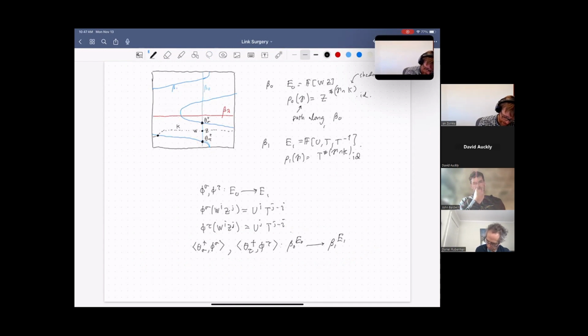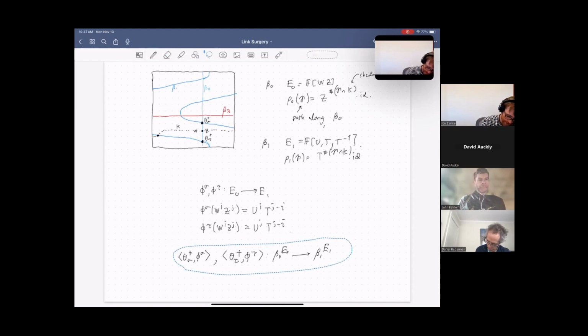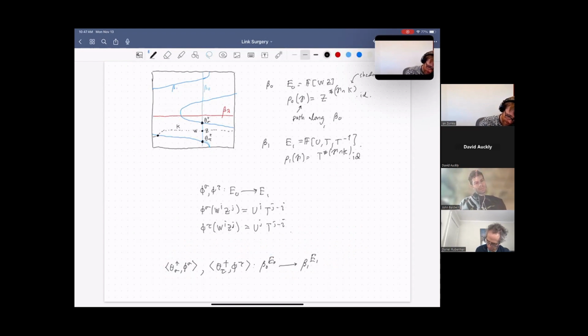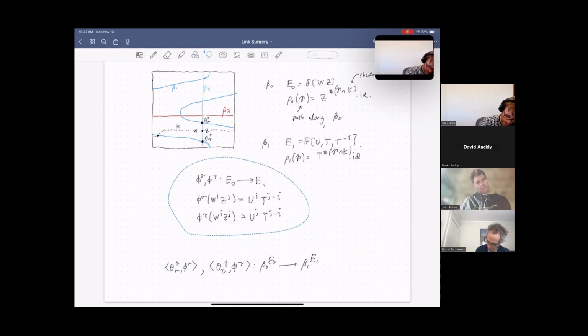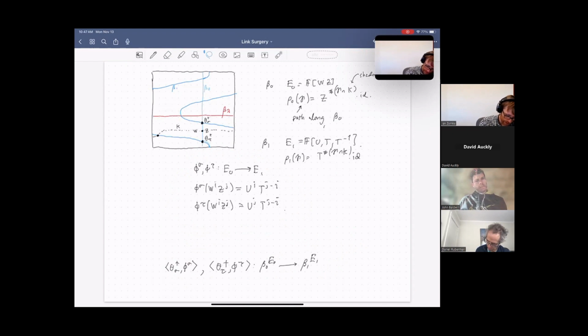Oh, sorry, I didn't tell you how to count curves. There's one more subtlety in how curves are counted. I haven't quite told you exactly how holomorphic curves are counted, but in particular, let's look at beta 0, E0, beta 1, E1.